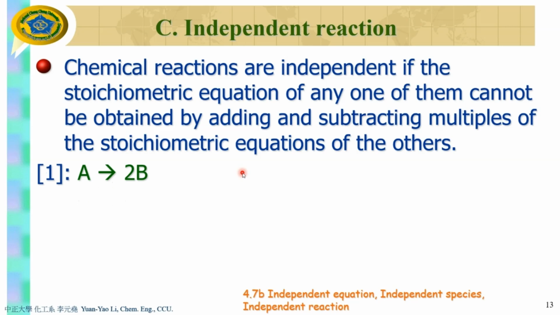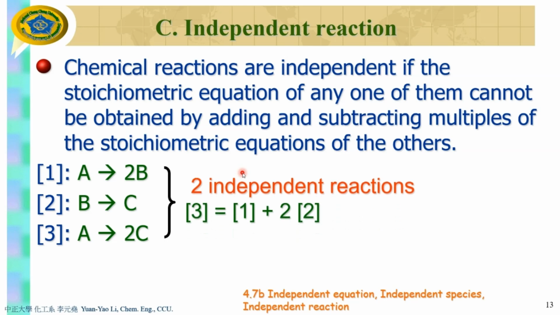For example, reaction 1 is A becomes 2B. Reaction 2 is B becomes C. Reaction 3 is A becomes 2C. And how many independent reactions? There are 2 only.